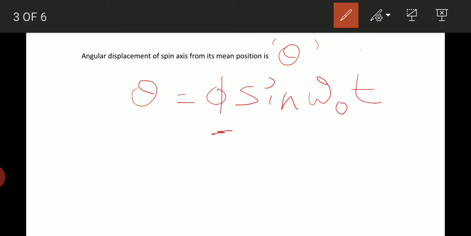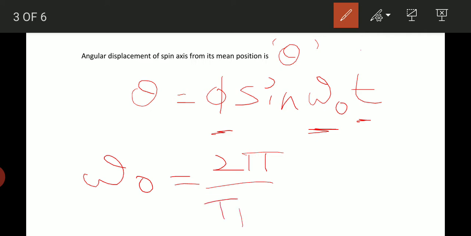Here phi is the maximum angle turned from the mean position axis, whereas omega naught is the angular velocity of simple harmonic motion and t is the time, and we can find omega naught, which equals 2 pi by Tp. Tp is the periodic time in seconds.